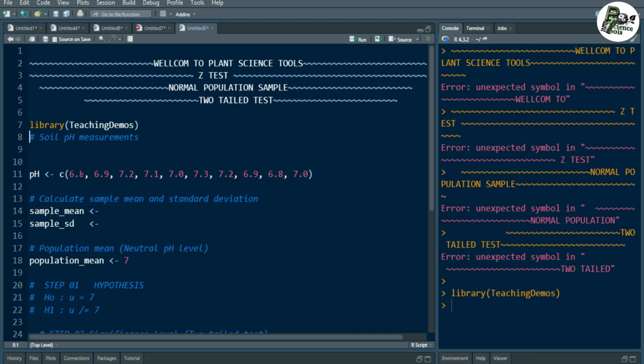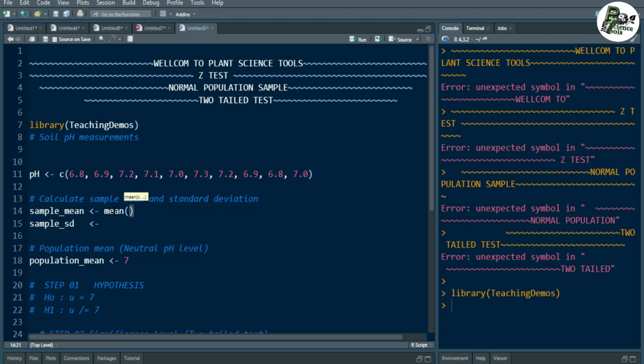After that, this is our data that I have created as a variable, pH. As you know, in this data the sample mean and the sample standard deviation are not given, which is very necessary when we are doing our z-test. So to apply the z-test, we need to calculate the sample mean.